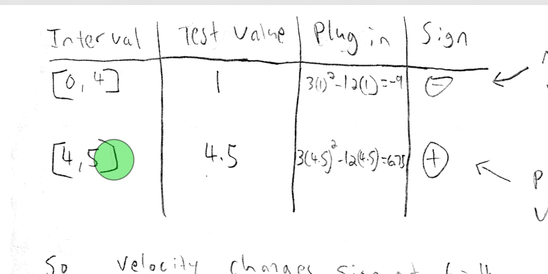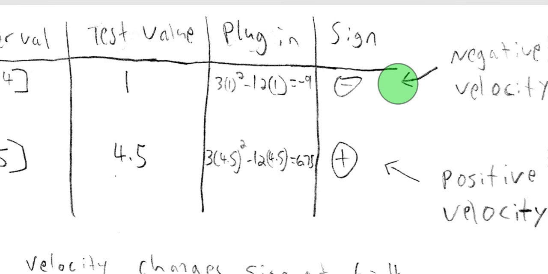So we're going to try the interval basically between 1 and 4, since we're going from 1 to 5, but we can just plug in 1 because it's not going to give us 0 back anyway. We can plug in 2, 3, and any of those numbers, and we're going to get a negative number back.